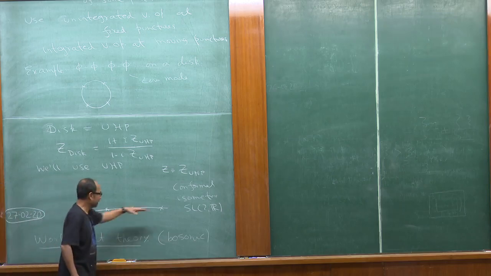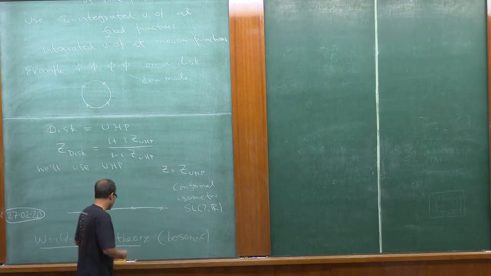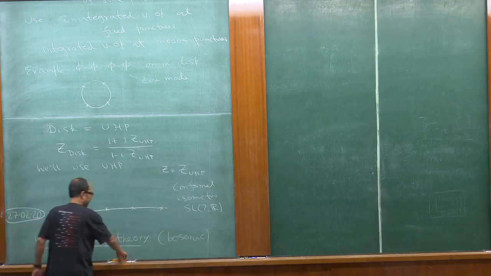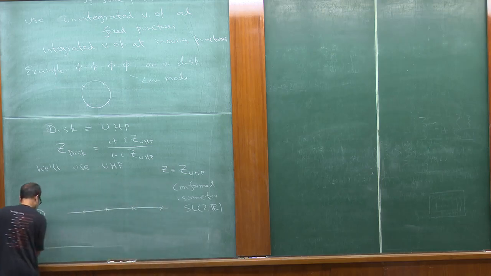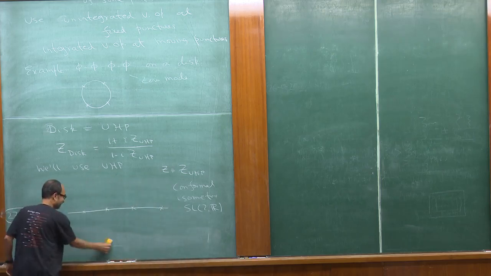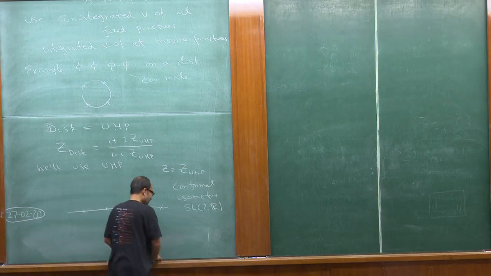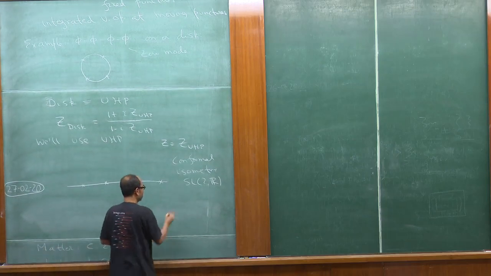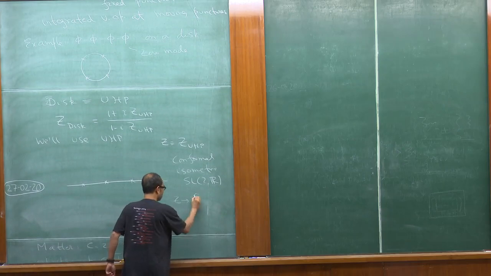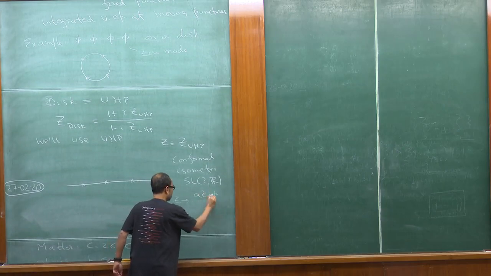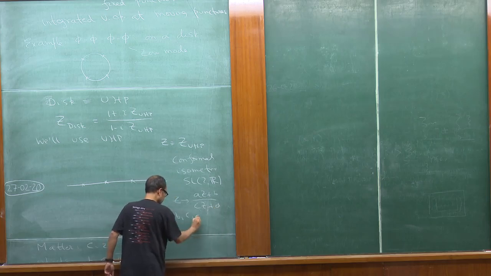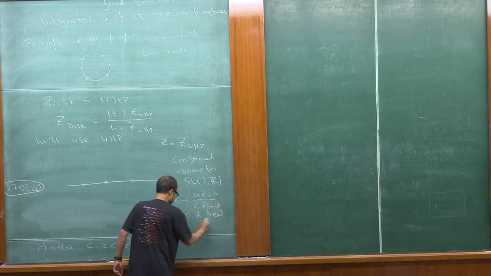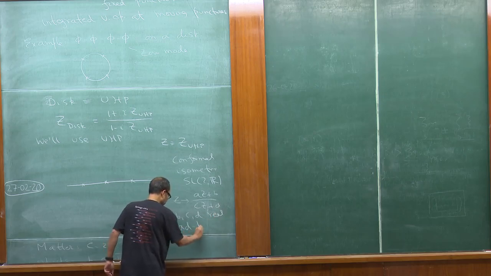Okay. So the idea is that there is an SL2R isometry. Let me write the SL2R transformation because it will be useful later also. z goes to (az plus b) over (cz plus d), with a, b, c, d real and ad minus bc equal to 1.